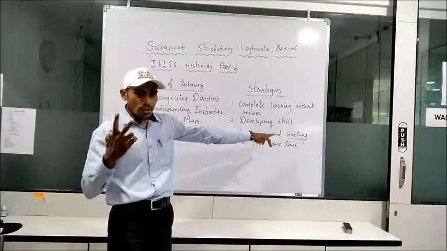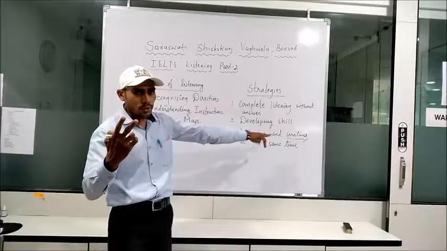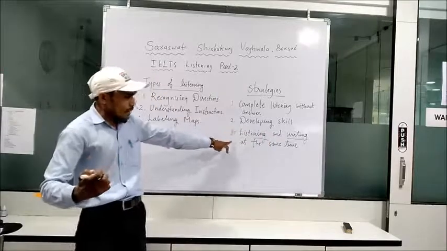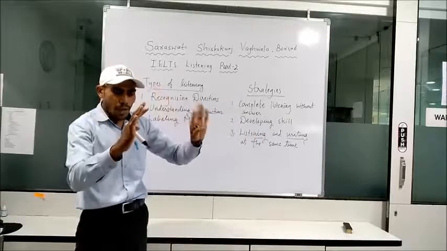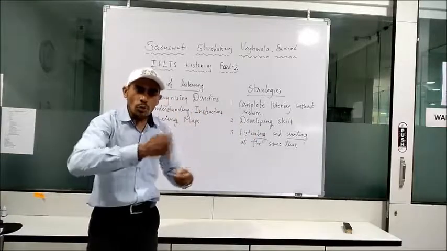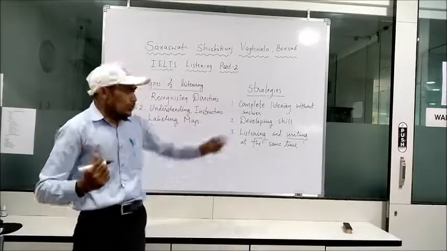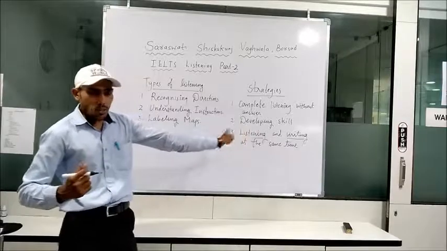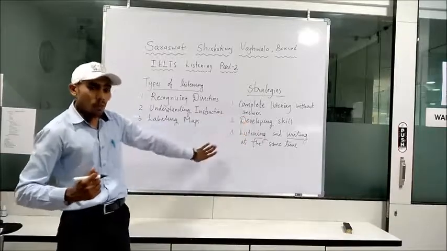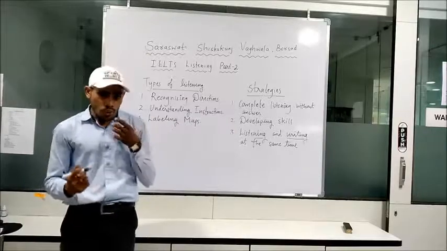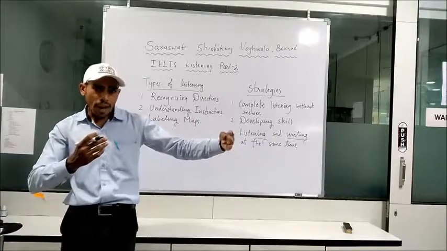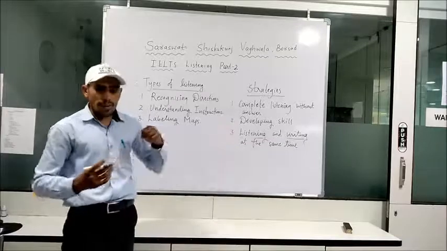So 2 things, that means 2 modules you are working on: one is listening and the second one is writing. When you listen to the audio, at the same time you need to write down the answers. So you need to focus on 2 skills, listening and writing. But how does it come? You need to practice. Without practice, it does not come. So you need to have constant practice and then you can get the correct answers.